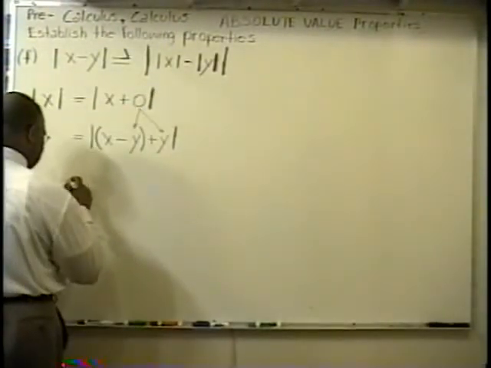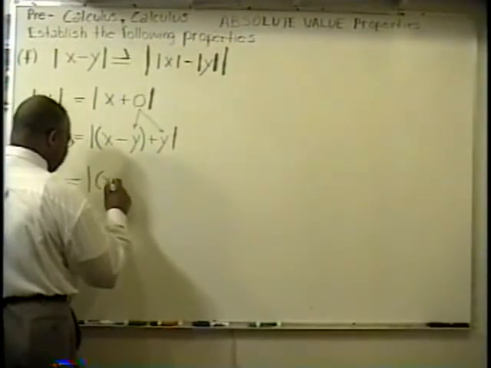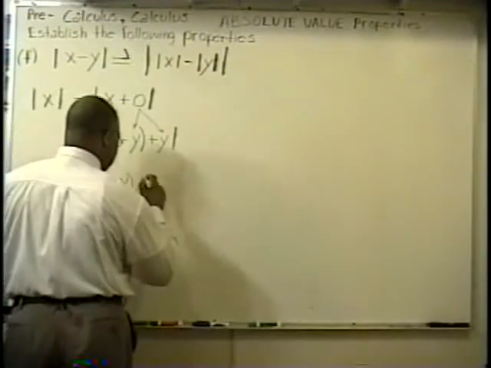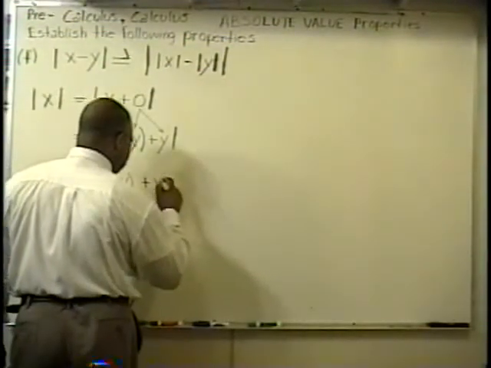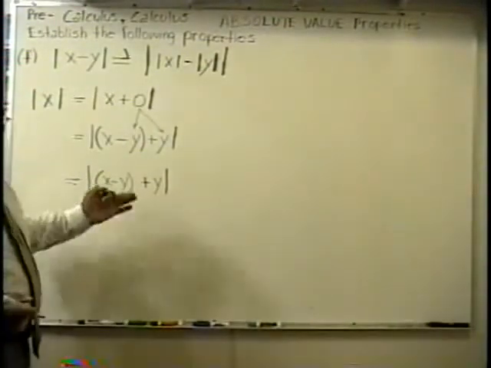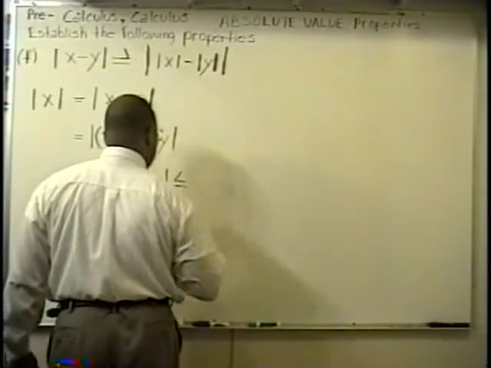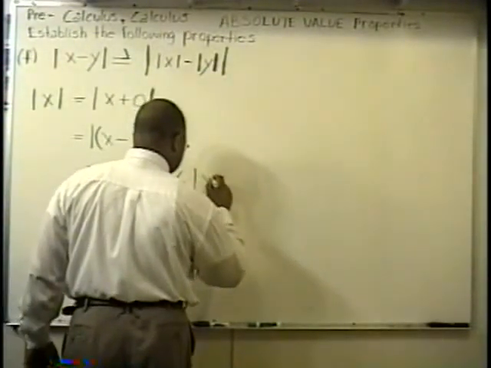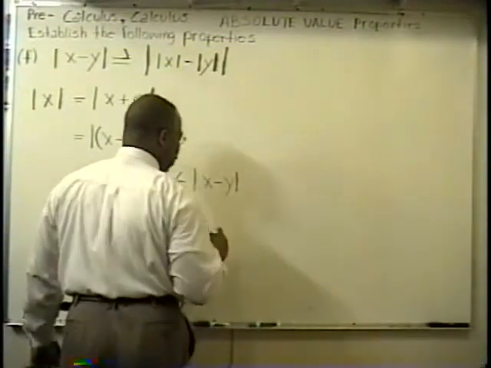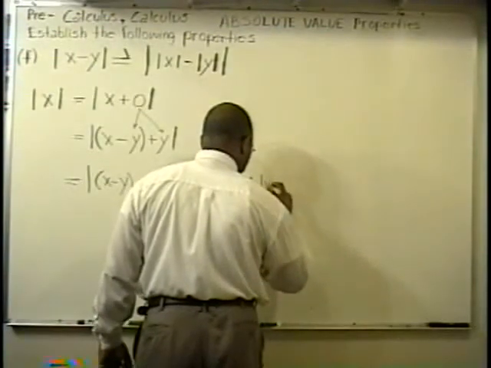So now we have, this is equal to the absolute value of x minus y, this quantity, plus y. We already established from our other work that we can write this as being less than or equal to the absolute value of x minus y plus the absolute value of y.